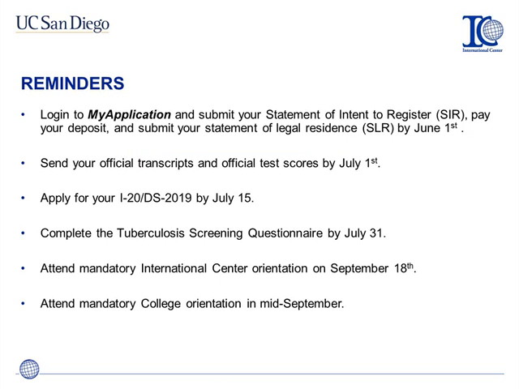Apply for your Transfer I-20 by July 15th. Complete the tuberculosis screening questionnaire by July 31st. Attend the mandatory International Center orientation on September 18, and attend the mandatory college orientation in mid-September. Again, please check your college website for those specific dates.